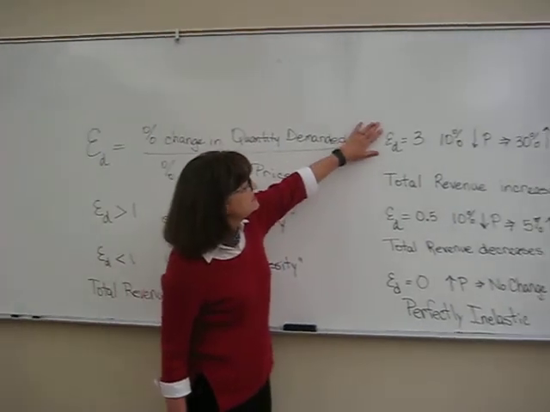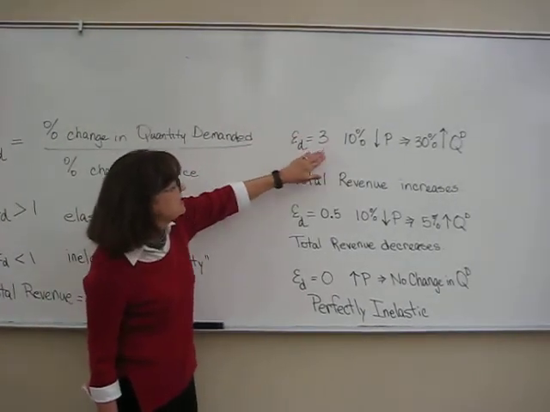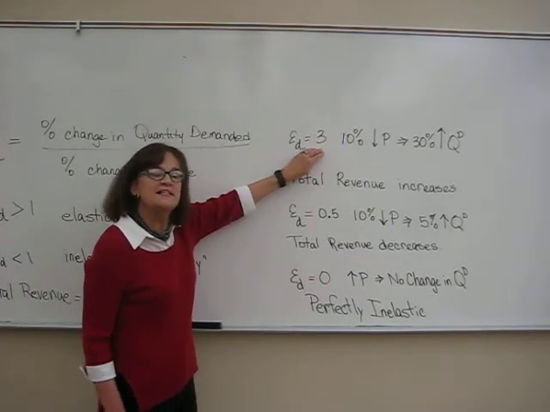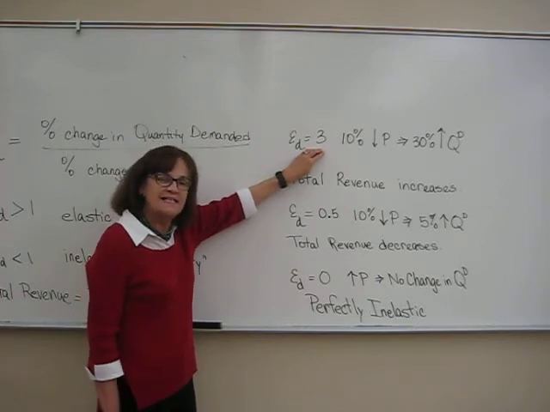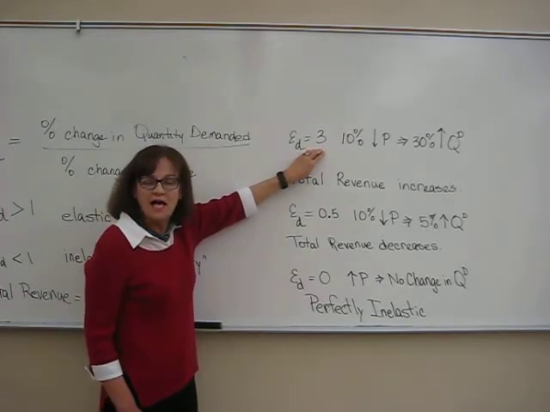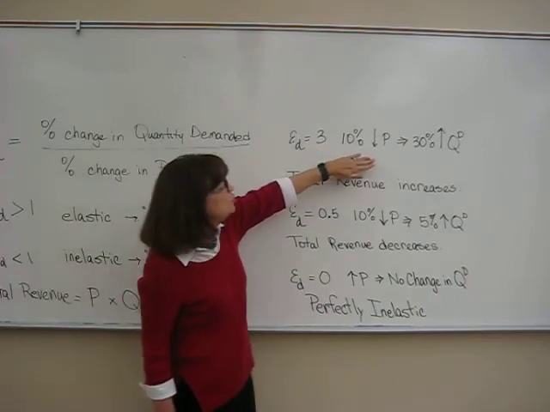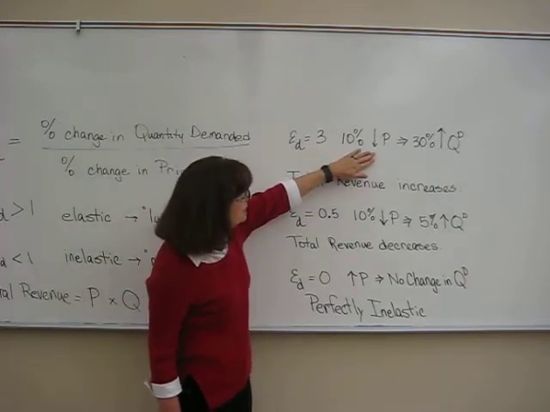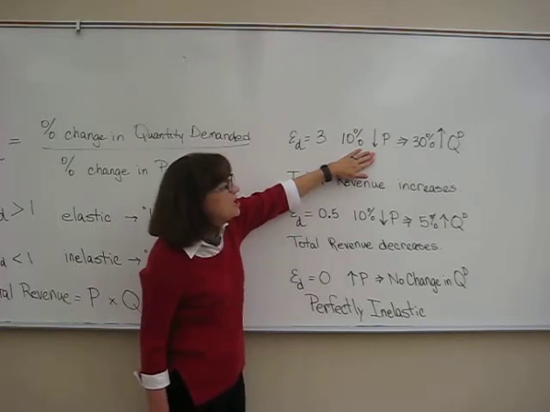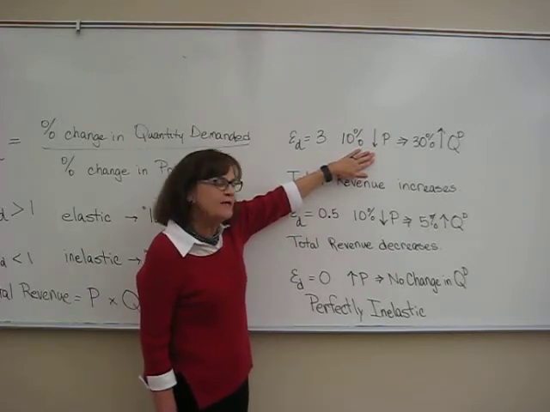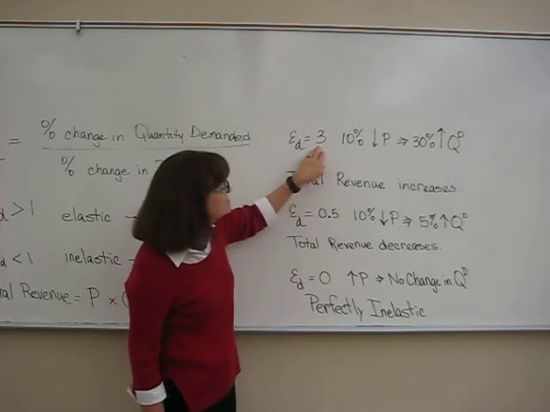If the elasticity of demand for your product is 3, the first thing that tells you is the demand is elastic, consumers have a lot of choices, and they care about the price. If you lower the price of your good by 10%, the quantity demanded is going to change by 3 times as much.